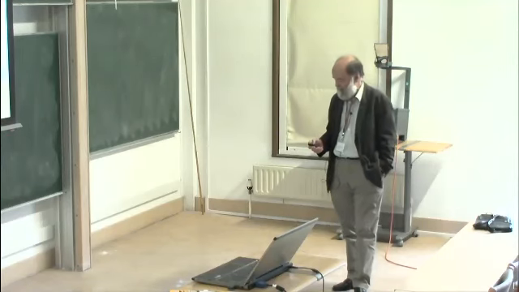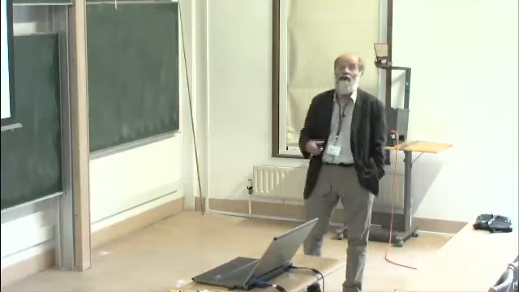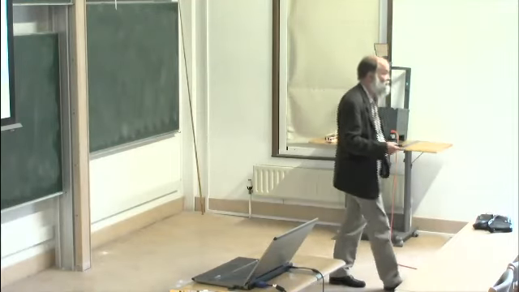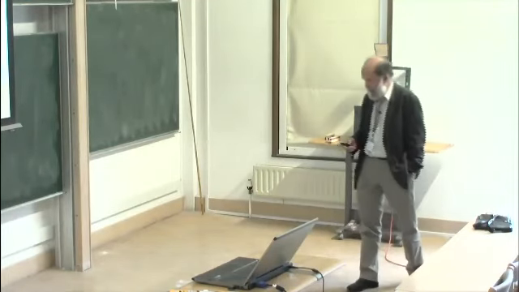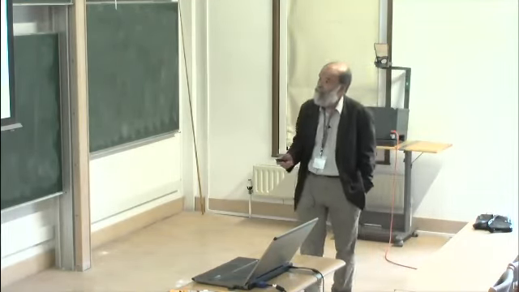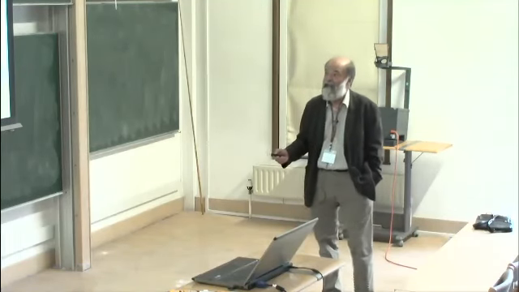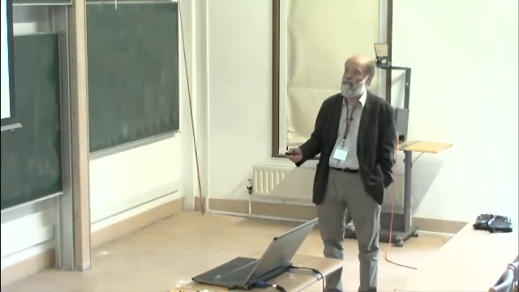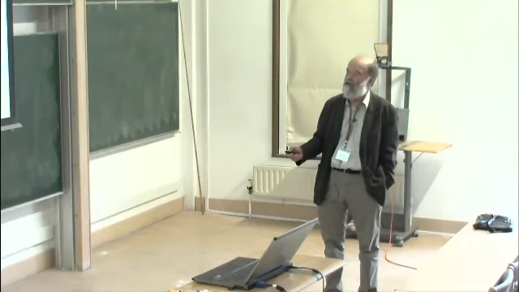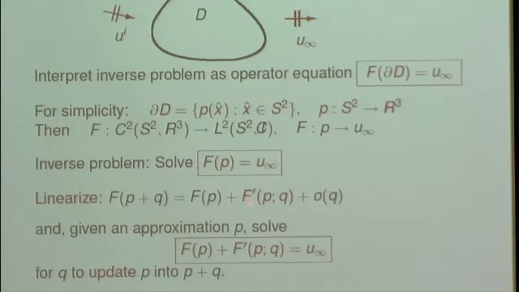And we can just think of Newton's method as we met it in high school for the first time. It basically means we linearize F for the parameterization P plus Q by F of P plus a derivative taken at P in the direction Q, plus terms that decay faster than linear.